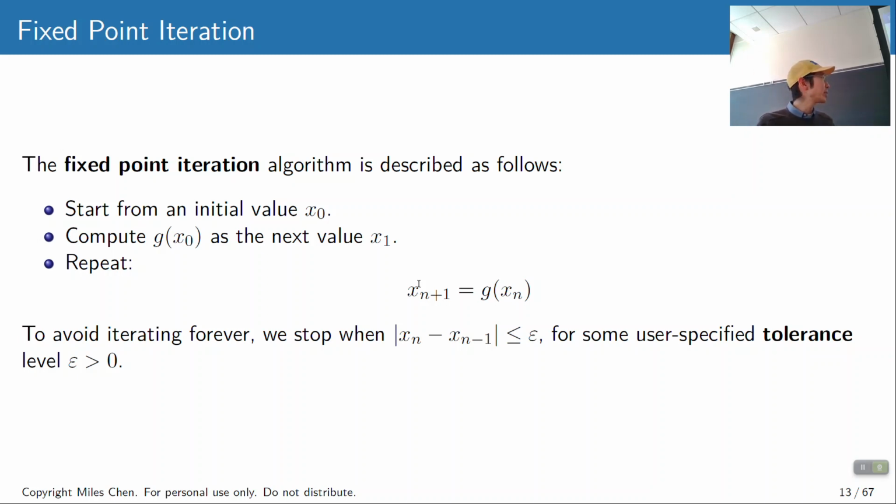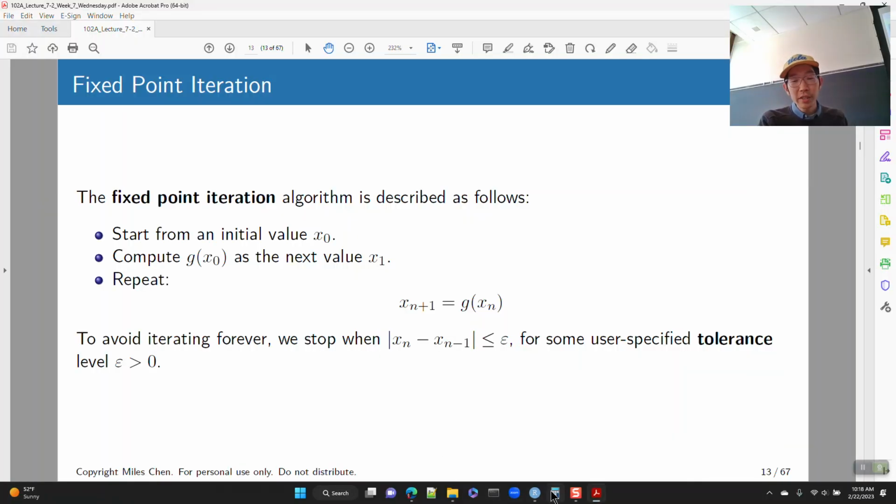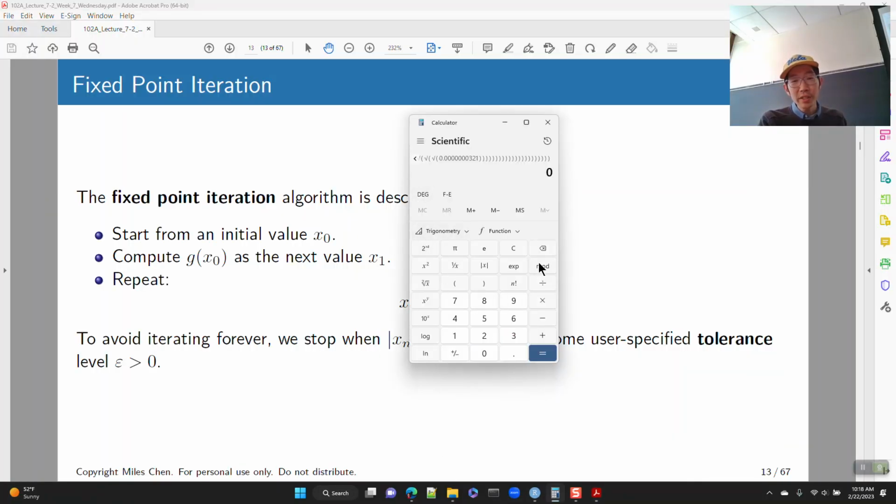Now, to avoid iterating forever, this is where we have to understand the limitations of numeric methods: you're never going to get to that exact value. I can keep taking the square root of this thing, and I'm never actually going to get to 1.